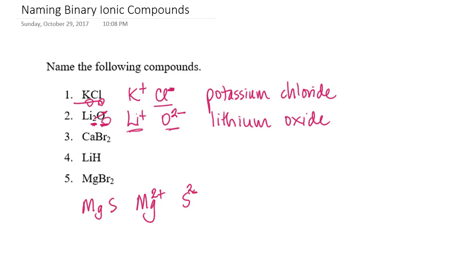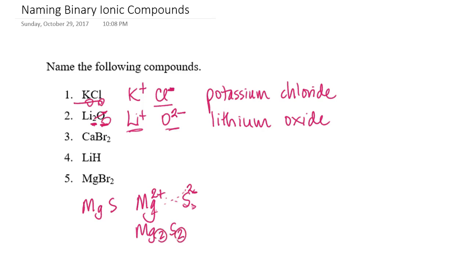Okay? But notice what happens if I cross these over to create my subscripts, then I get Mg2S2. And much like in math class, when we have a common factor throughout all of the terms in an equation, we usually factor it out and reduce. It's the same idea here.